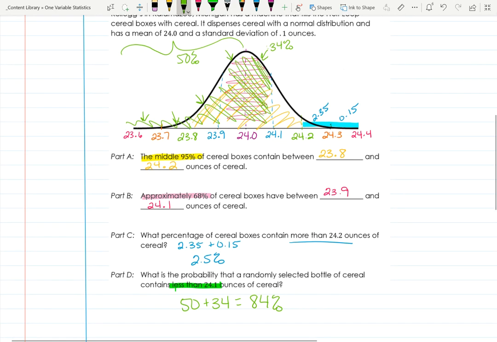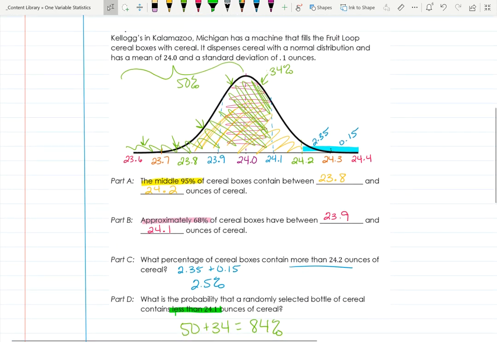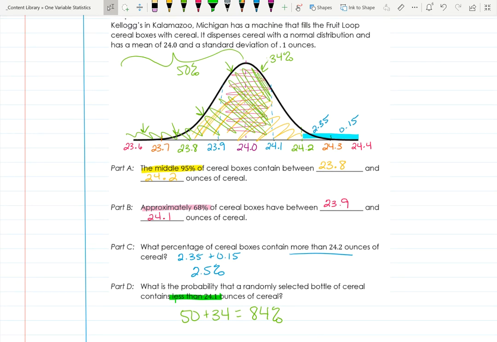So again, when you're looking at these questions, you've got to set that curve up and fill in your values on the number line. I don't know how you can answer these questions without that, because I've had students in the past who just try to fly through it and make simple little arithmetic errors.